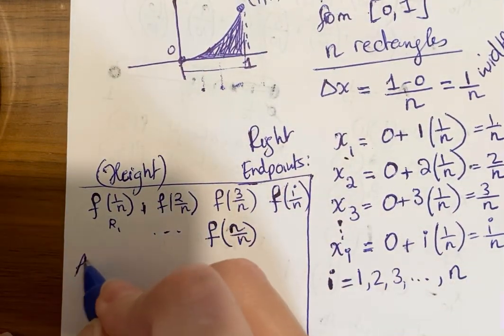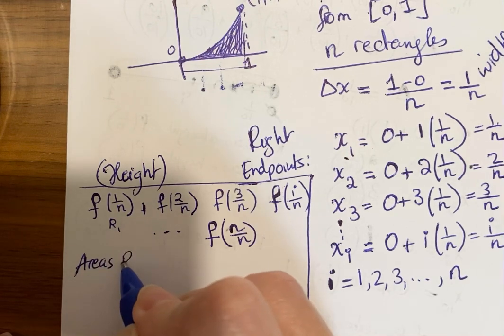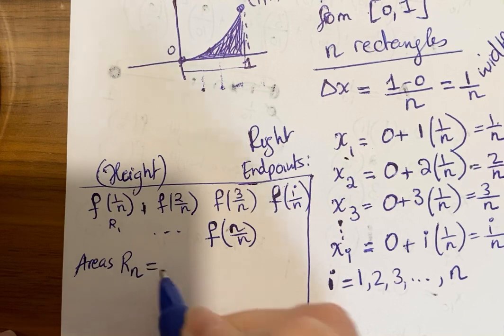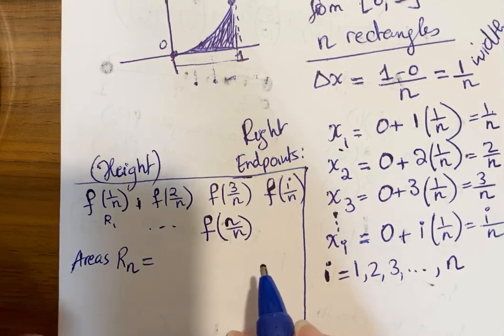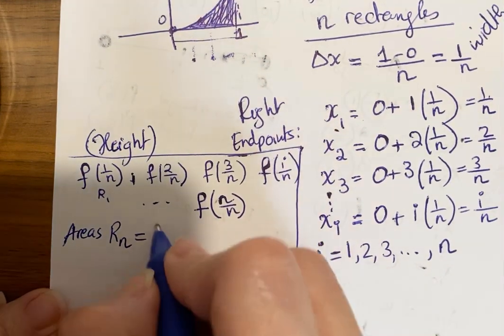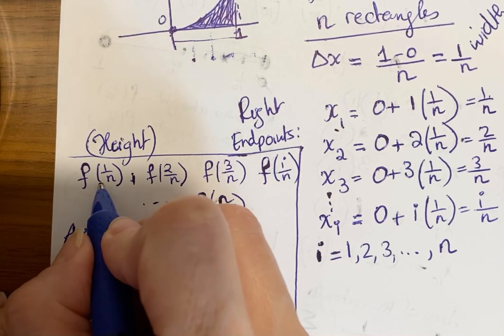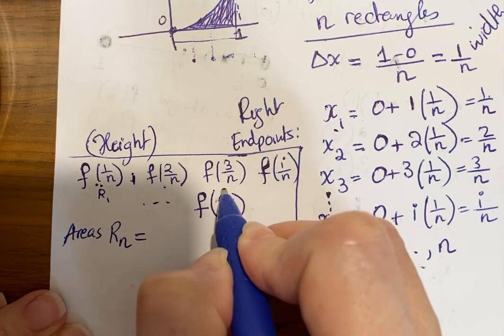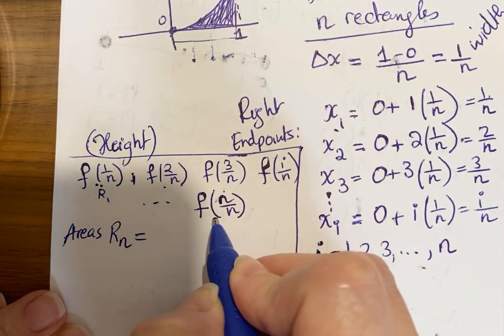How to calculate the areas of those rectangles, which we call Rn, because we are taking n rectangles and adding their areas. What will the areas be? The areas will be the area of the first rectangle, which is the width times the height, plus width times height, plus width times height, plus till we reach the last one.